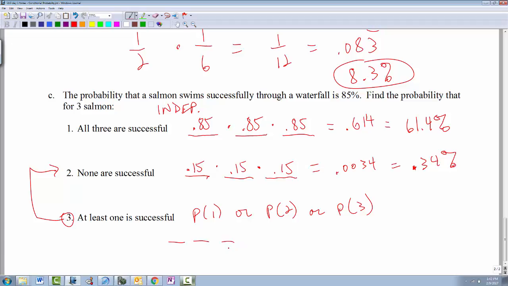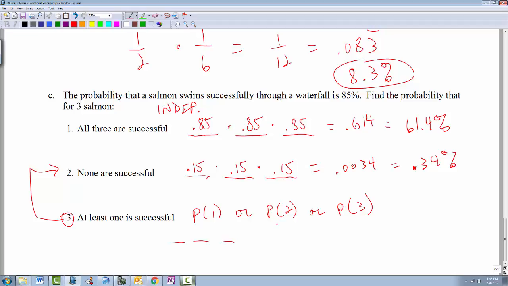Well, which one? So it could be the first is successful, and then the second and the third isn't. Or the first fails, the second makes it, and the third doesn't. Or fail, fail, success. How many different ways can one make it? Three. That was 3 different ways.